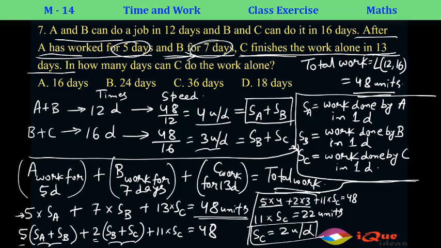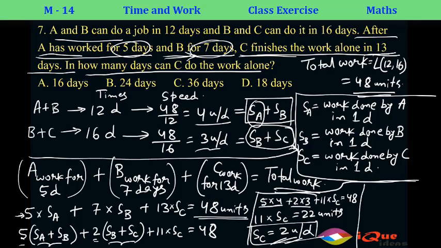Right? So once you get the speed of C, you can find the speed of any other person also. Like, for example, if you put it in this one, you can find the speed of B as 1 unit per day, and then you can find the speed of A as 3 units per day. Alright, but here we need only the speed of C, because the question is asking in how many days C can do the work alone.